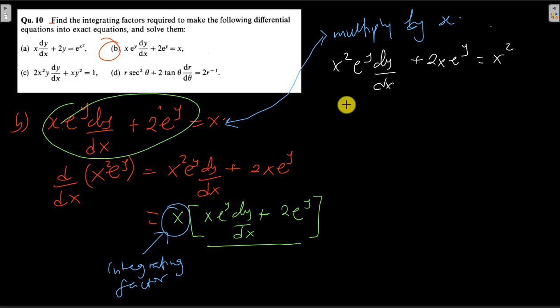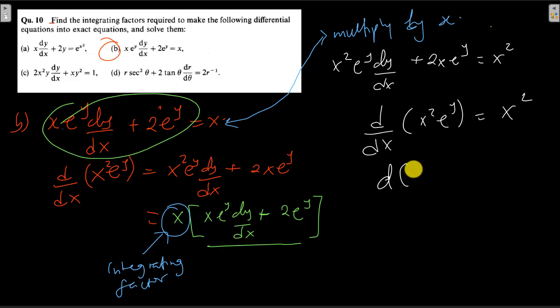We already know that the whole of this is an exact differential of x squared exponent y. That's going to be equal to x squared. Okay, let's go ahead and do this. That is d of x squared exponent y equals x squared dx.